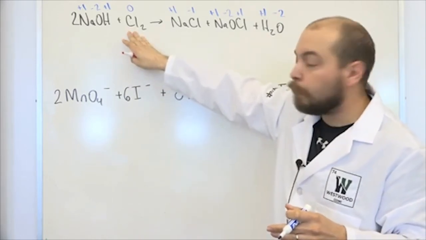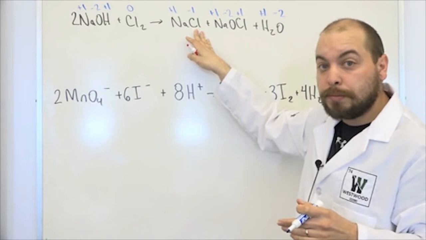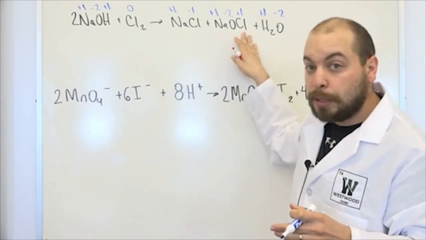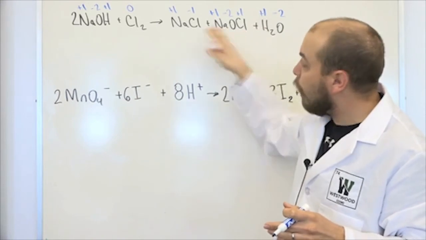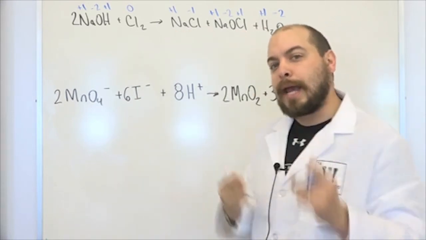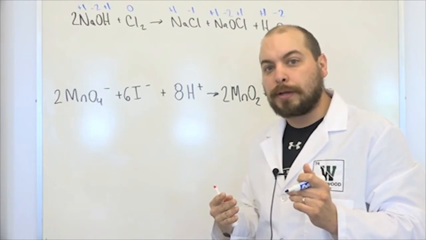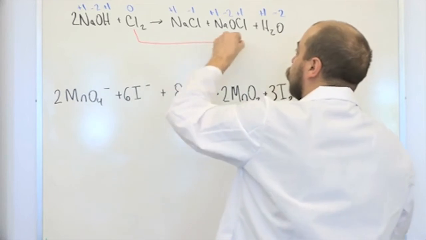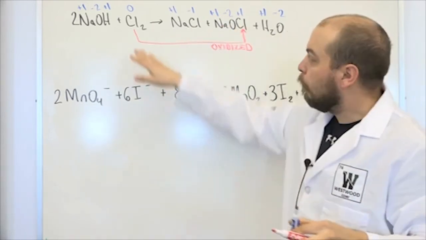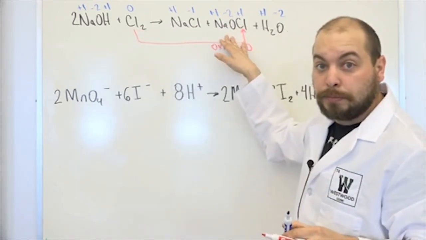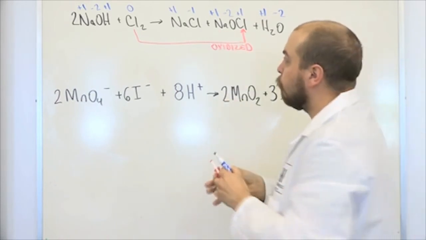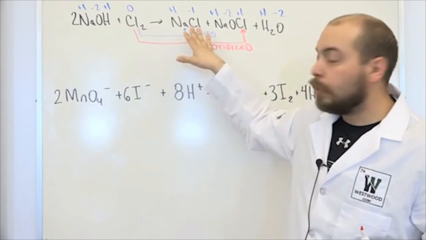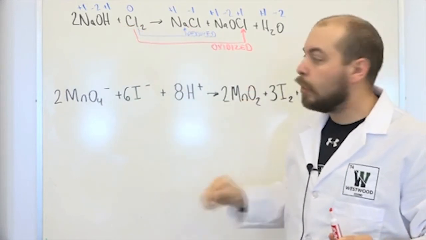Chlorine, however, went from 0 to -1, and also from 0 to +1. That means the chlorine is both oxidized and reduced over the course of this chemical reaction. So the chlorine is being oxidized from Cl2 to NaClO, and it's being reduced from Cl2 to NaCl. Let's look at the next one.